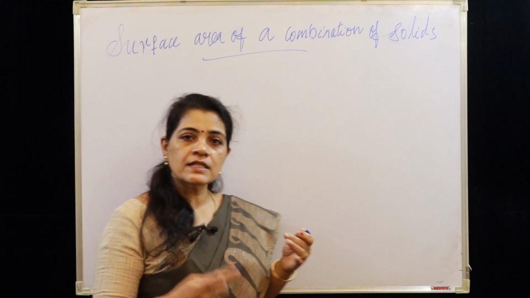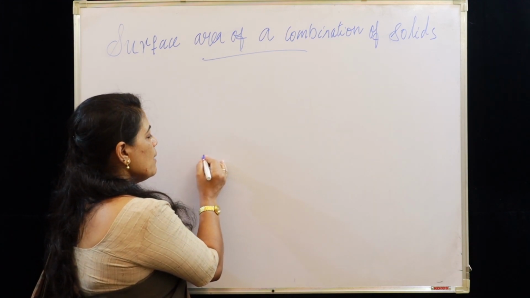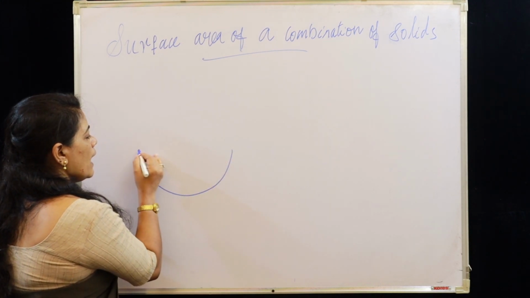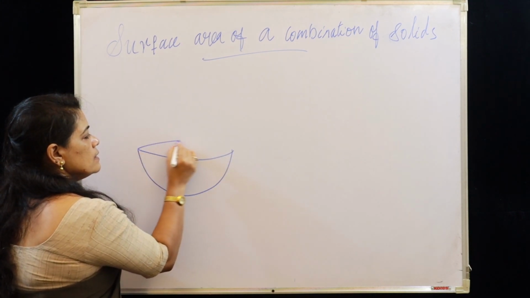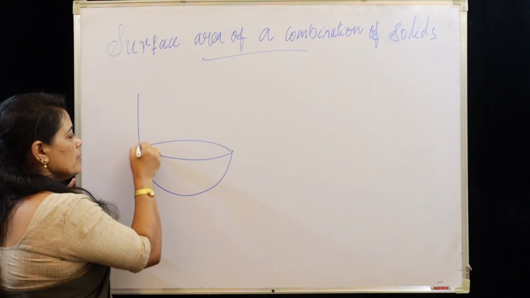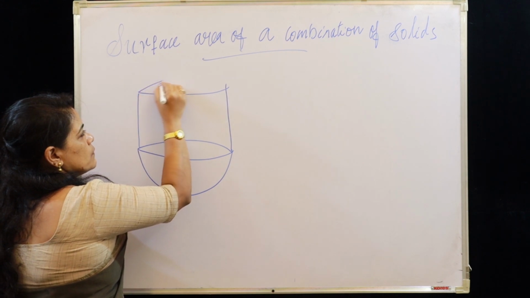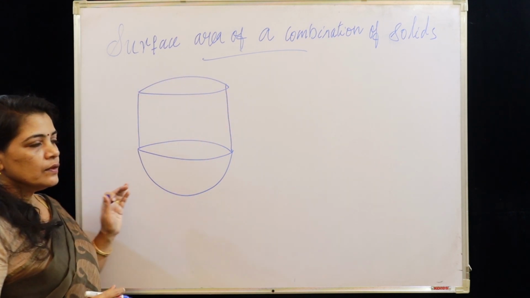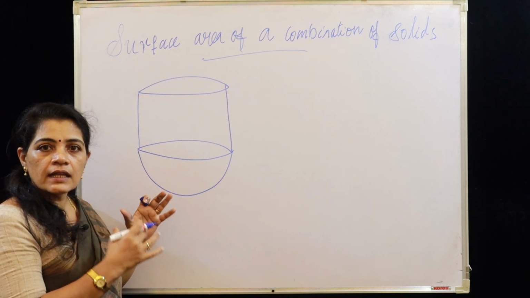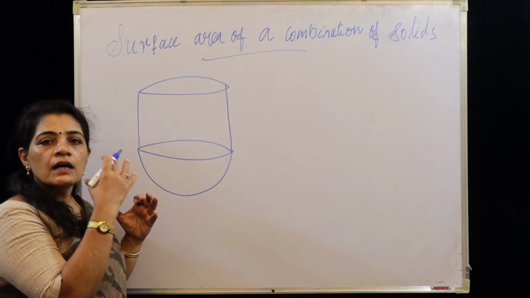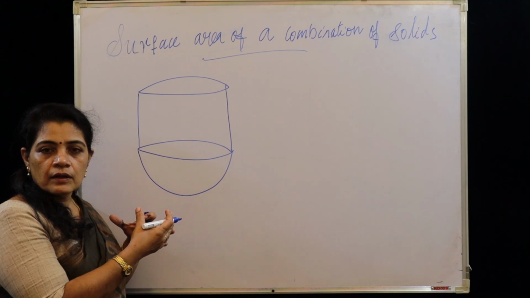Combination of solids means sometimes it may be a hemisphere and a cylindrical portion surmounted on this hemisphere. From this it is very clear the diameter of the hemisphere is the same as the diameter of the cylindrical portion. Understood?